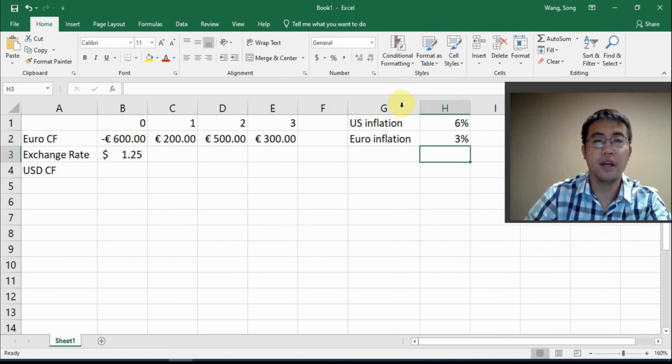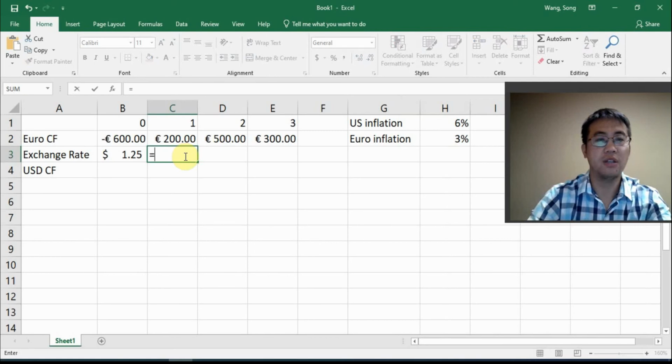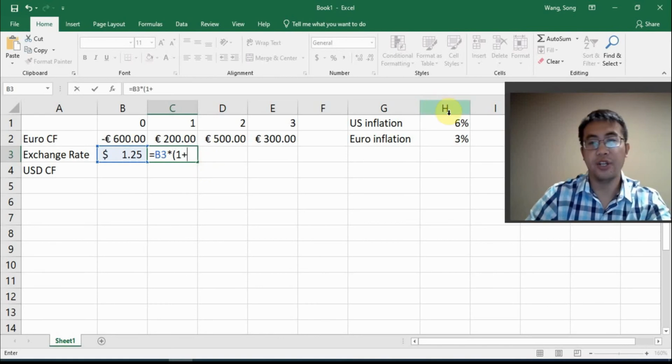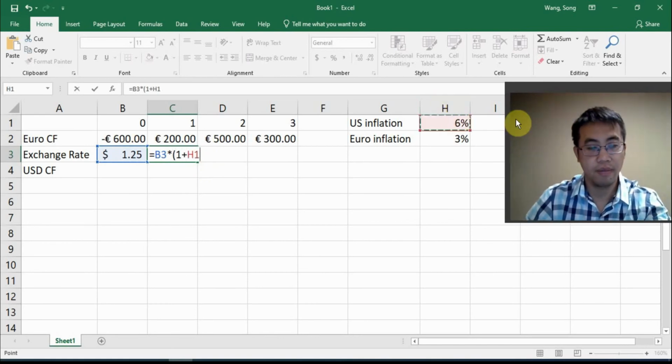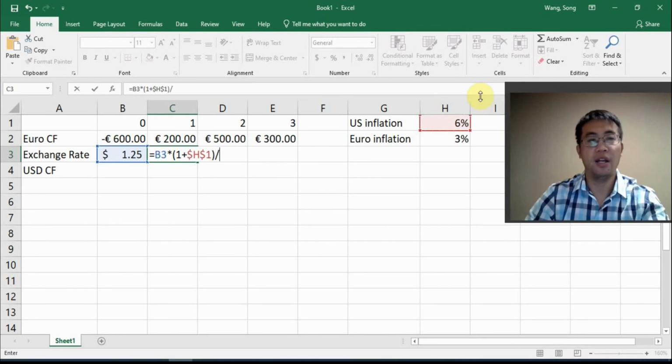Okay, so how can I calculate the exchange rate in the next year? It is pretty easy to do. You just use the dollar multiplied by the dollar inflation, lock it, and then divide by the euro.